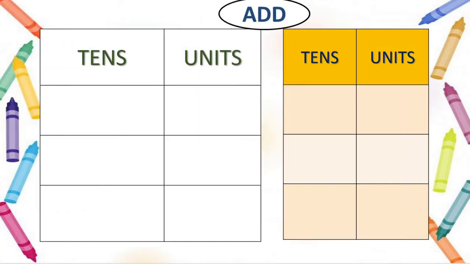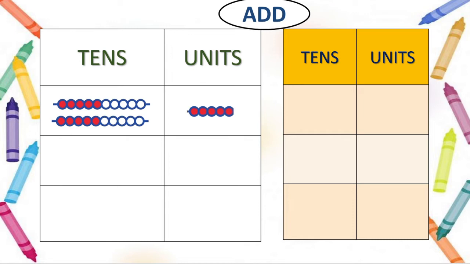Okay. Now here you can see tens column, units column. Again 2 tables are there. Same thing we will go through here. We will draw the objects and here let us write the numbers. Okay. Now see, this is a string of beads. Yes. How many tens are there?